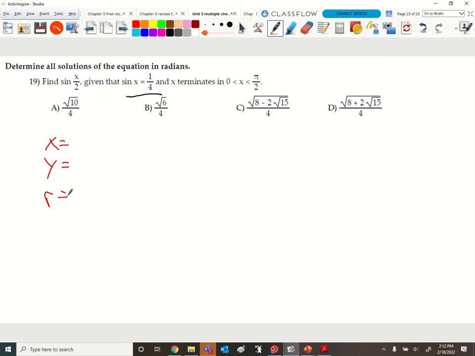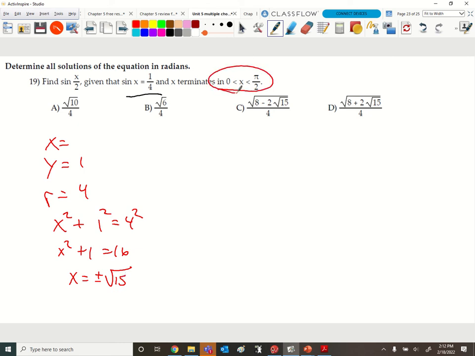So sine is y over r, so my y value is 1, my r value is 4. x squared plus 1 squared equals 4 squared, so x squared plus 1 equals 16. x equals plus or minus the square root of 15. It says this one is in what quadrant? Between 0 and pi over 2 is quadrant 1. So what do we know about my x value in quadrant 1? Positive. Good.